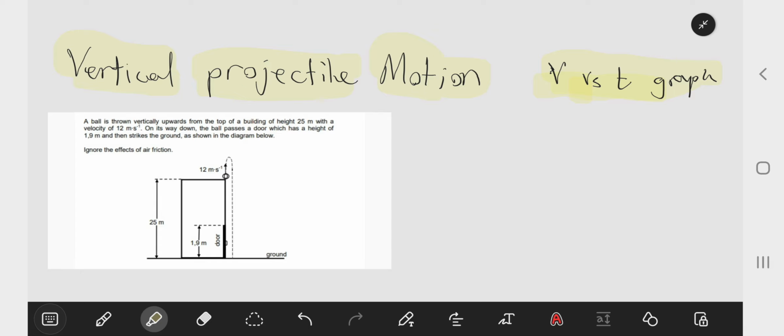But if you convert this information into a picture, it's easy to see what's happening with the object. There are three different kinds of graphs, but specifically for this video I'll be explaining the velocity time graph, which shows how the velocity changes as time goes on.